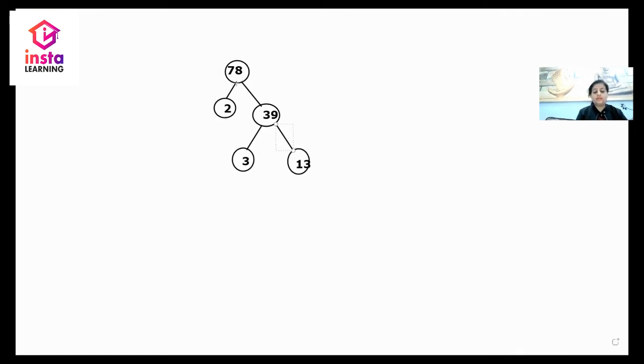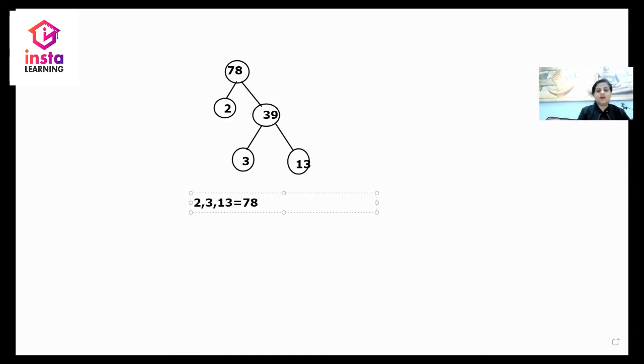Then we divide by 2. Answer will come 39. Then we see that it is in the table of 3, so 39 is divided by 3 and the answer will come 13. So the factors of 78 are 2, 3 and 13.